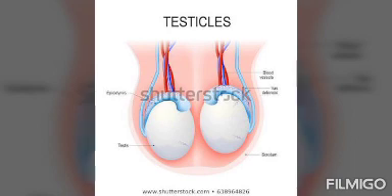The second type of cells are the spermatogonic cells, which divide meiotically and differentiate to produce spermatozoa. So what is the second type of cell? It is the spermatogonic cells, which divide meiotically and differentiate to produce spermatozoa.